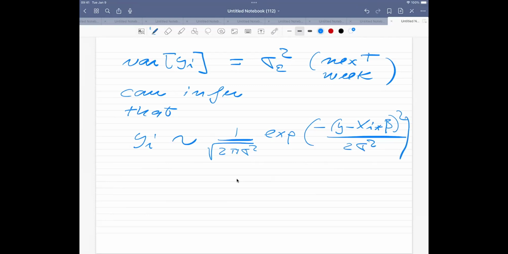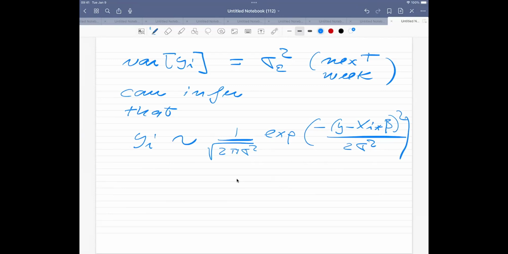So we made the assumption that the x's are non-stochastic variables. X times beta is also a non-stochastic variable, and that defines the mean value of y. But then the epsilons are defined to follow a normal distribution. So we infer from that that y should be given by a normal distribution with a specific mean value and a standard deviation. This is a basic assumption about the output.